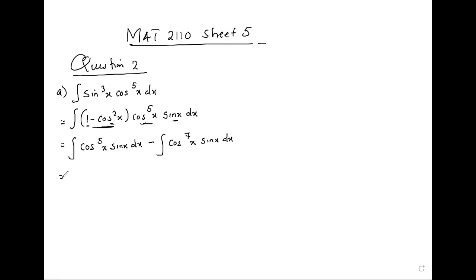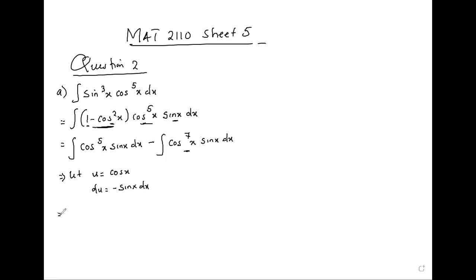Then we let u be cos x. Then what will du be? du is going to be negative sine x dx. The same thing will happen here.